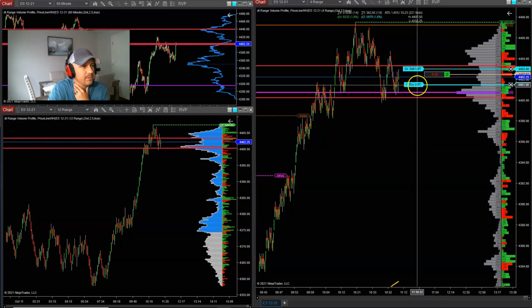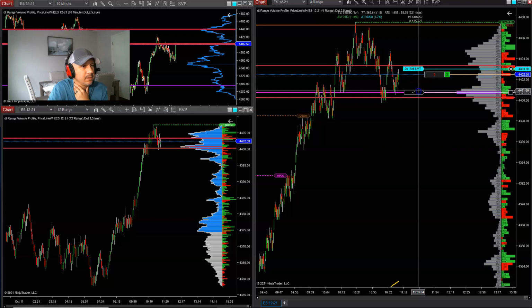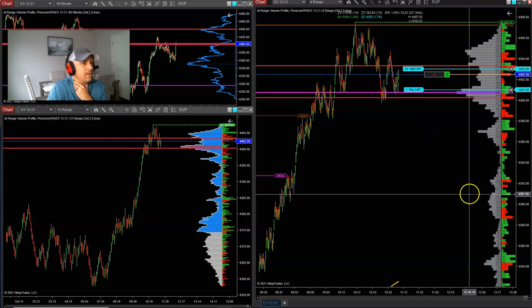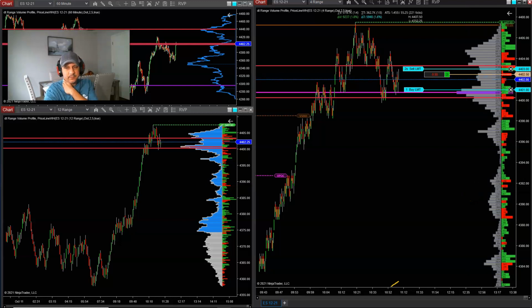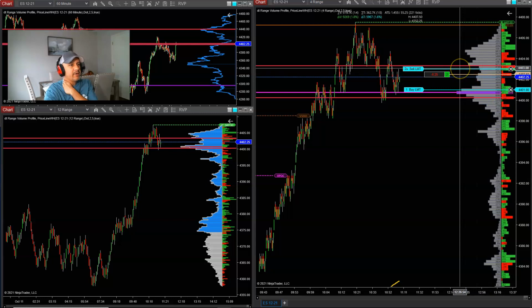Let's see what happens. Yeah, so it's hitting that area already. It's hitting that area by up to 1 tick. So let me possibly need to.